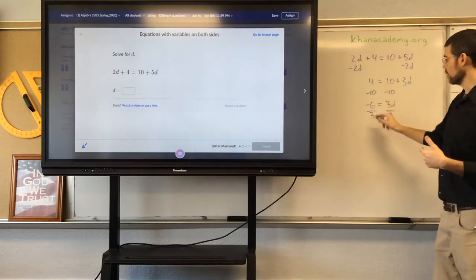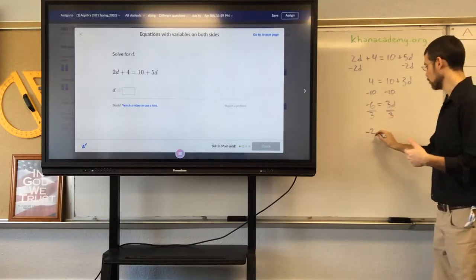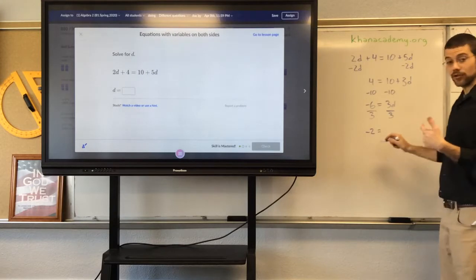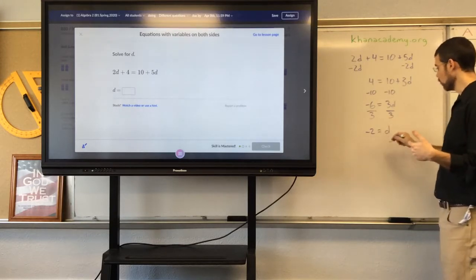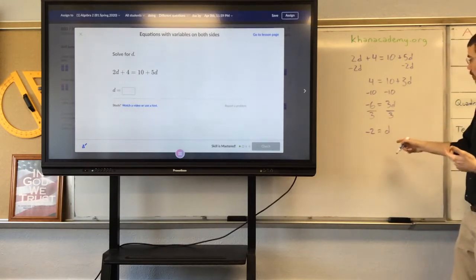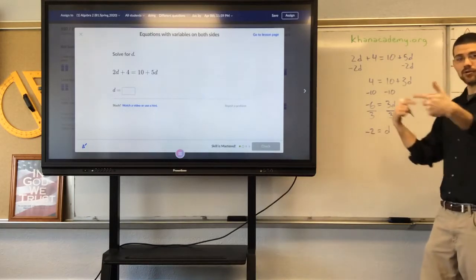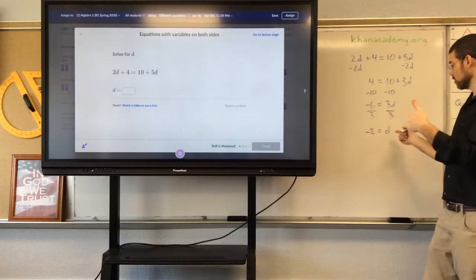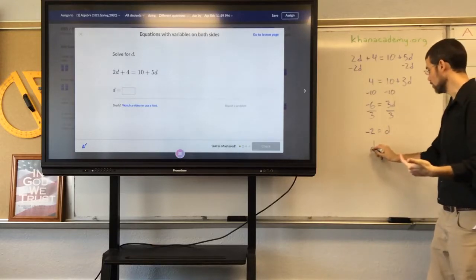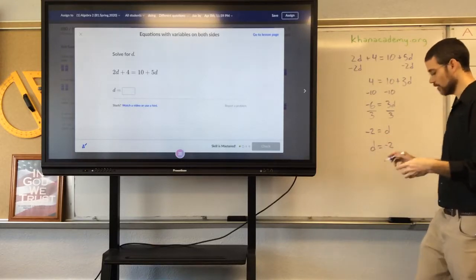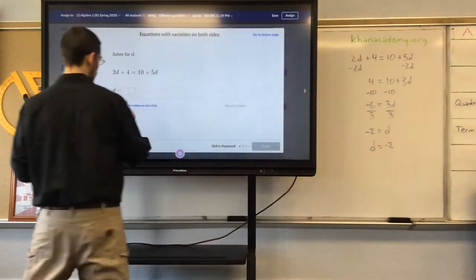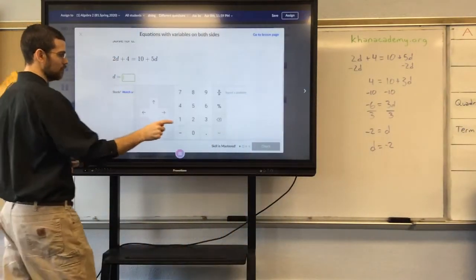So negative 6 divided by 3 is negative 2. 3 divided by 3 is 1, and I'm left with 1d. So I know my d equals negative 2. Now, the sides of your equation can always flip-flop. If these things are equal, then it also follows that d equals negative 2. And that's what we will enter for our answer, negative 2.